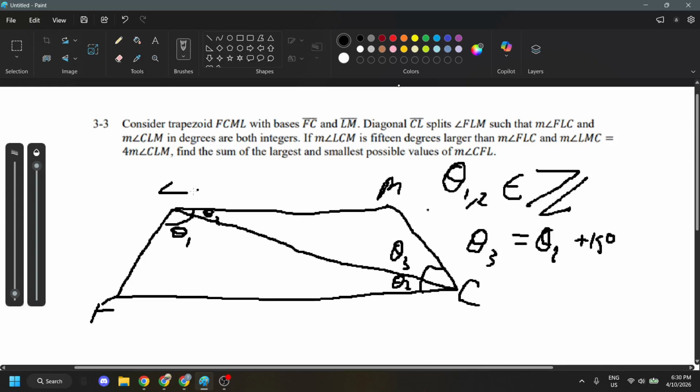And the measure of LMC, we're going to call this theta 4, is 4CLM.